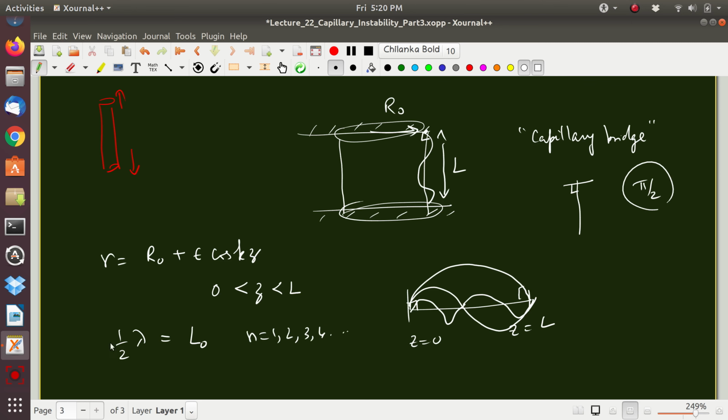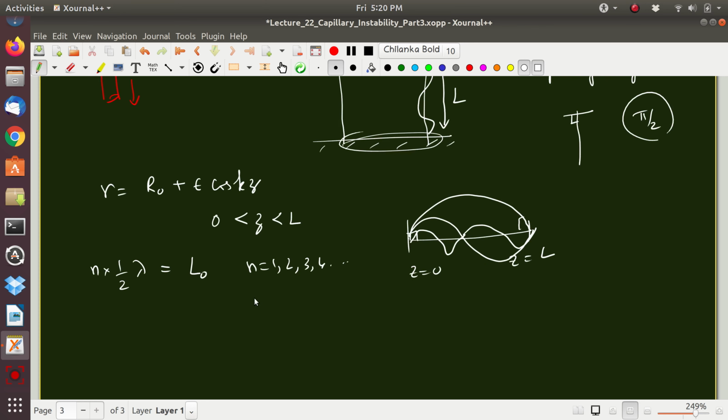Sorry, this is n times half lambda should be L0. Or if I say n times lambda by 2 pi is L0 by pi, this is related to the wave number, K equals 2 pi by lambda.